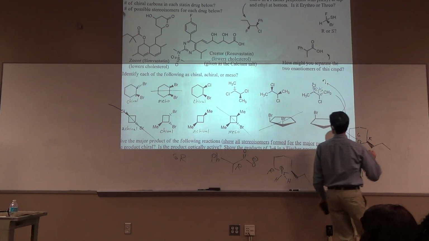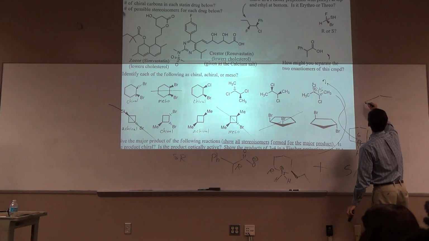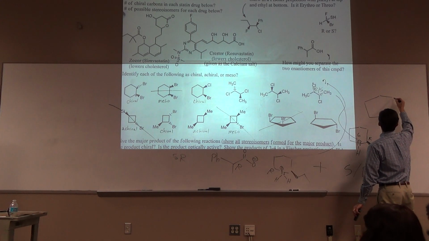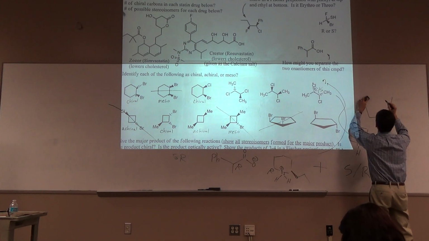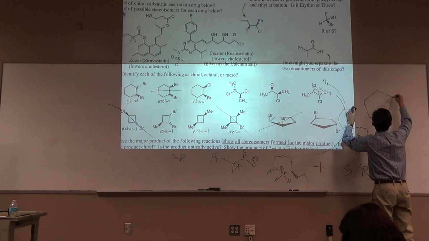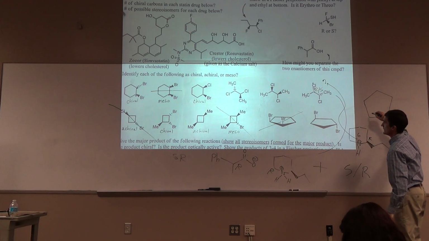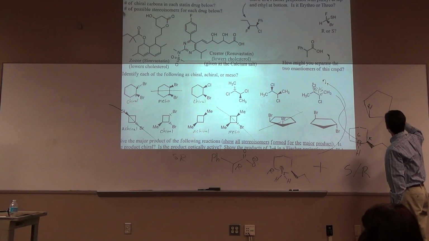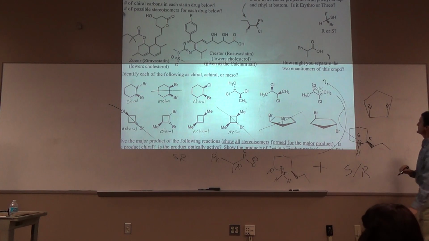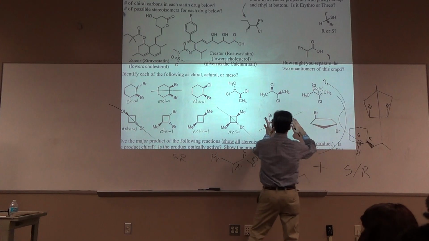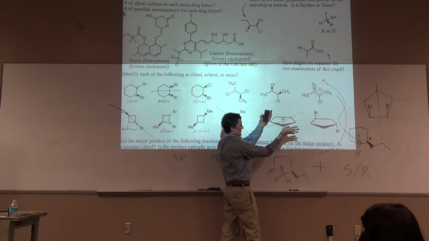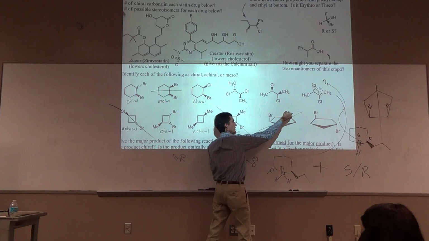If I redraw this, if I redraw it like that, you can easily see the plane of symmetry coming through one point and going between the other two carbons. This is where it's just turned a little bit and the point is over that way. Can you imagine coming through there?